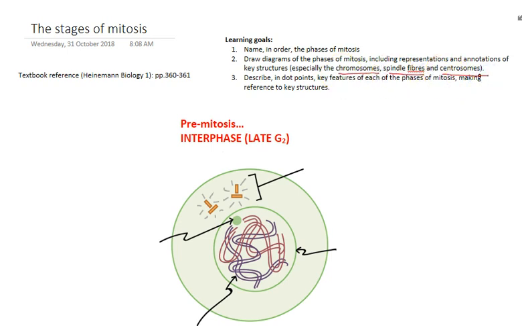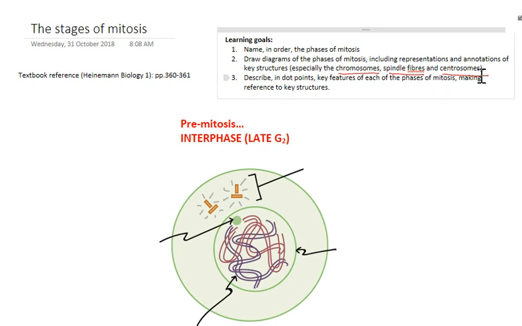You need to be able to make reference to these three different structures during mitosis. At different stages, there are other structures that you can refer to. We'll get to those as we go through each of the stages, but you must be able to refer to the chromosomes, the spindle fibres, and the centrosomes, and we'll go over what those are at each step.